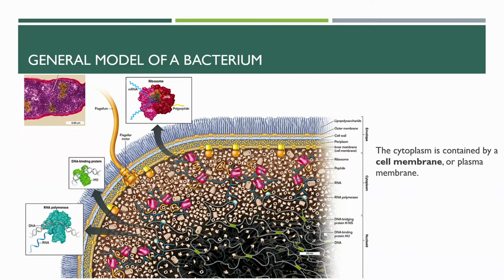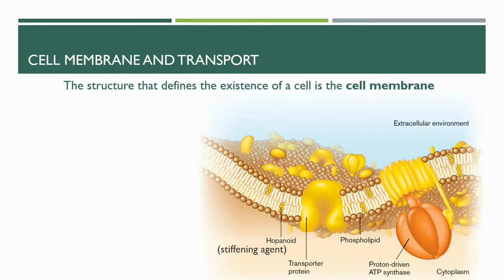The cytoplasm has to be contained in order for it to actually be functional, and all of that has to do with the cell membrane. It really defines self from non-self. So the cell membrane helps to distinguish the actual cell from the external environment.